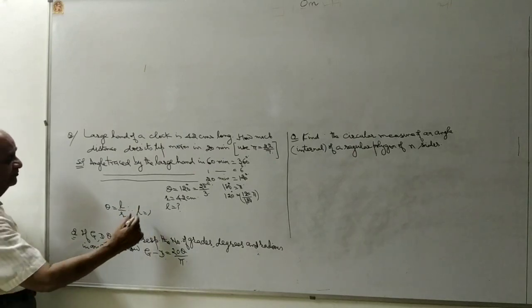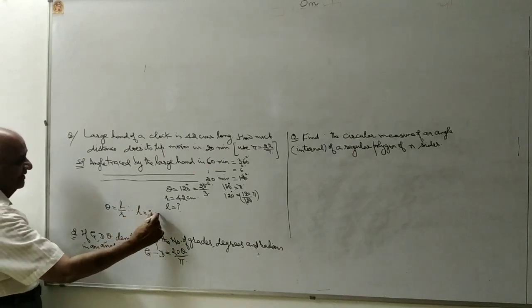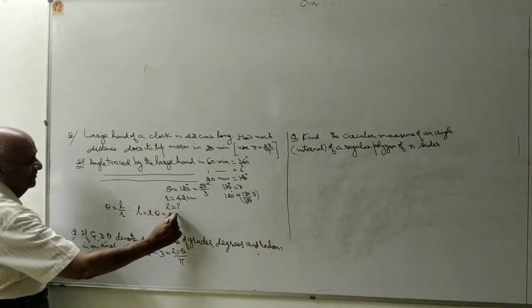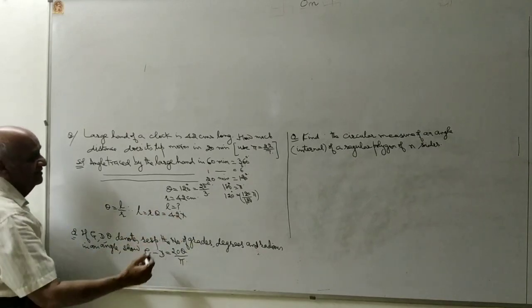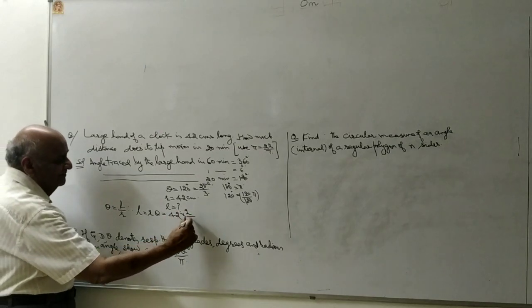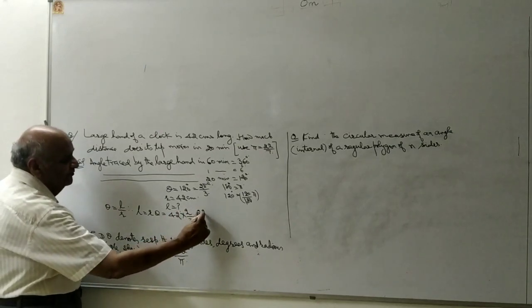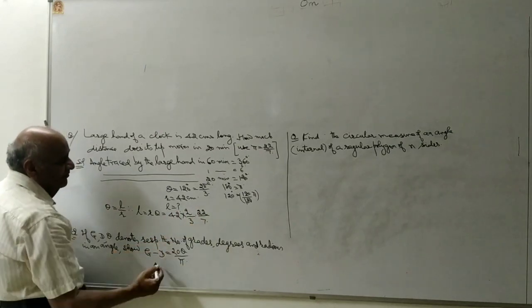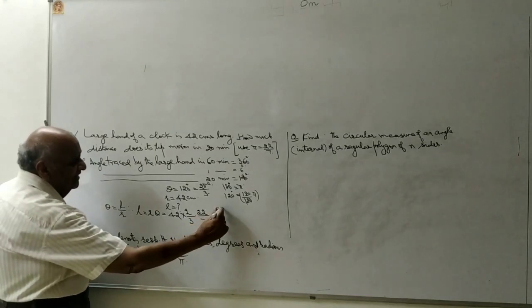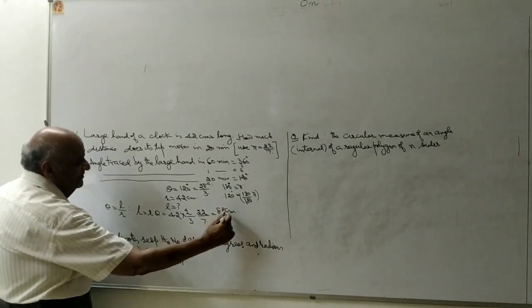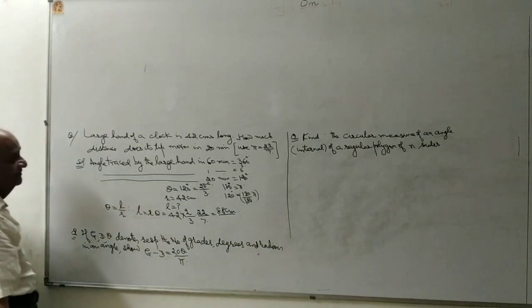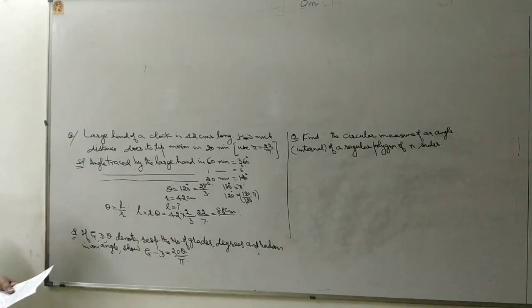The radius is 42, theta is 2 pi by 3, pi is 22 by 7. Therefore, it is 88 centimeters. The distance traveled is 88 centimeters.